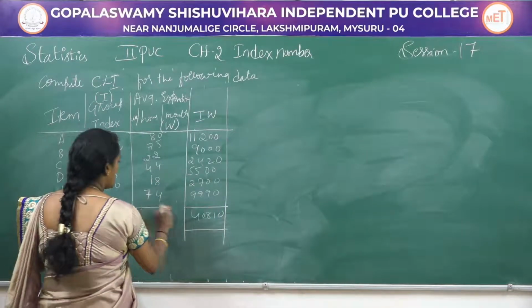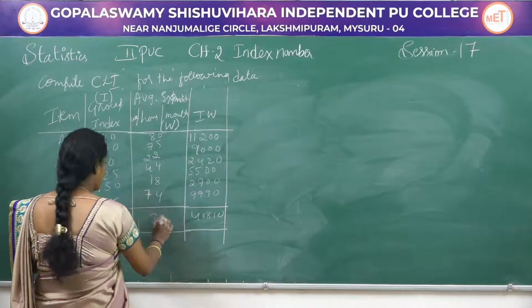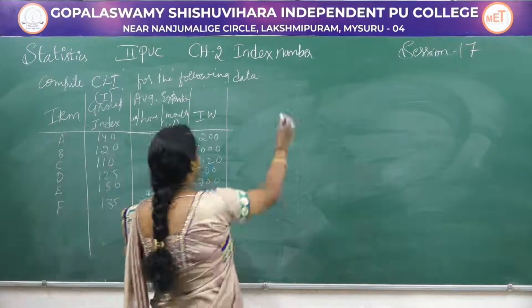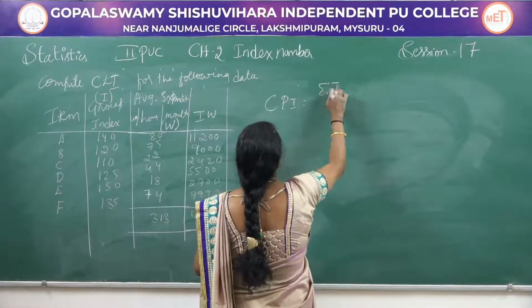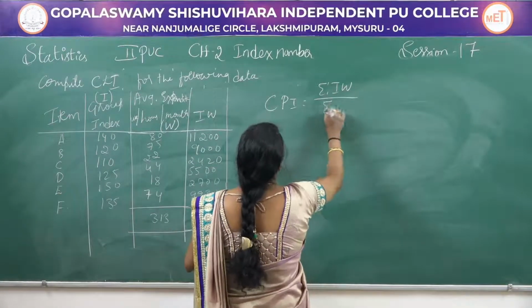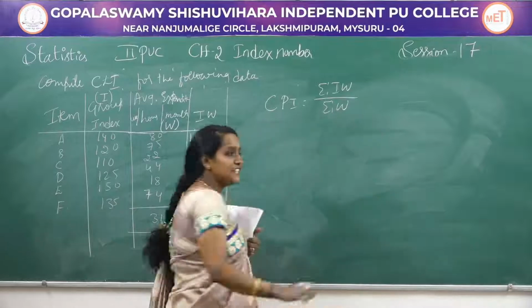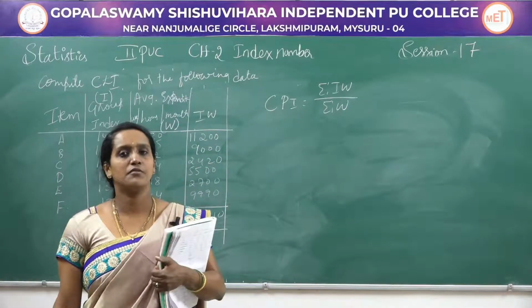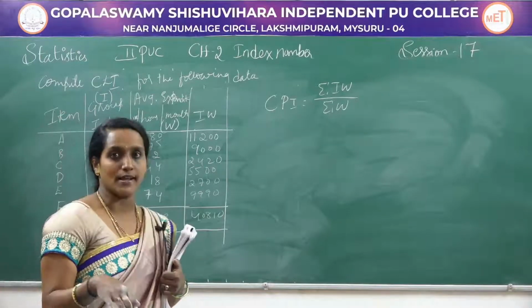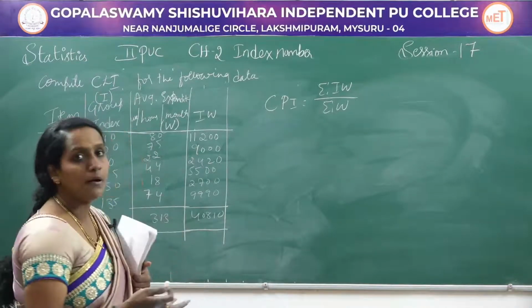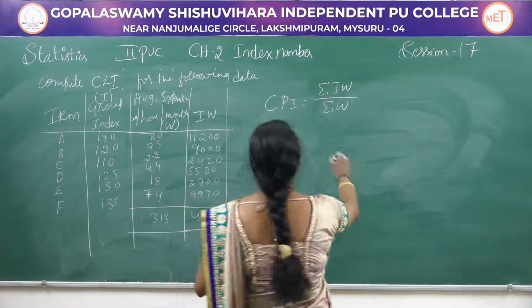Similarly, take the sum of the weight, that is 313, and the formula to find consumer price index number is summation of I into W divided by summation W. Instead of P, here they have given the group index, that is instead of price relative, here we got group index. So directly we will take the product and now you have to calculate.